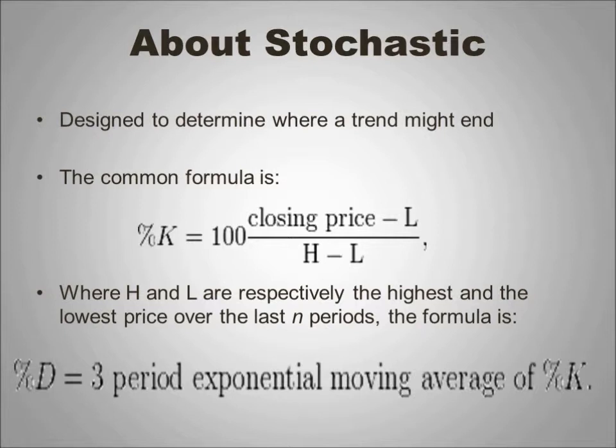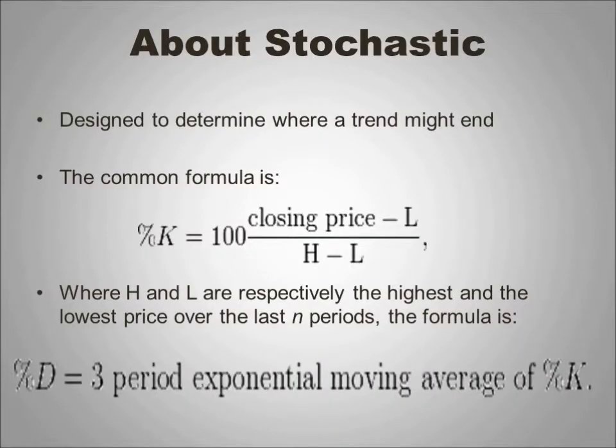The fact that the two lines have crossed out of the oversold zone confirms that the bulls are in charge of this market. So the stochastic chart can tell us whether or not there are too many buyers, and if there are too many buyers, the investors will short. And if there are too many sellers, the investors will go long.